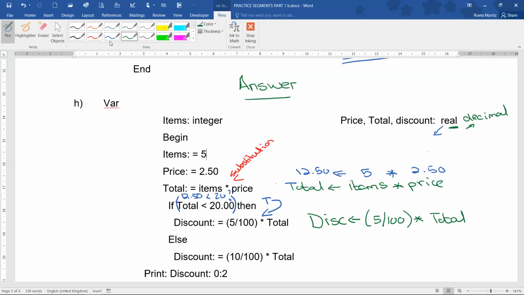So let's do substitution. Okay, so 5 divided by 100 gives you 0.05, which you have to multiply with total. Total is currently $12.50.